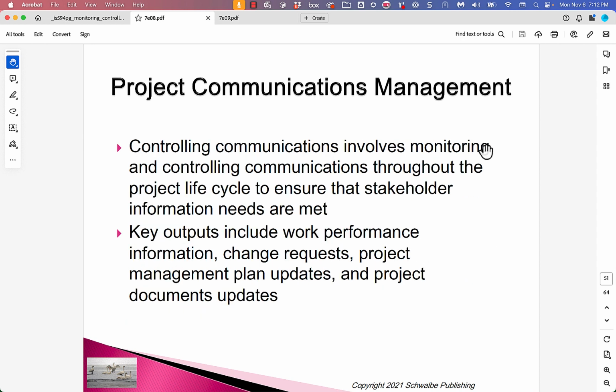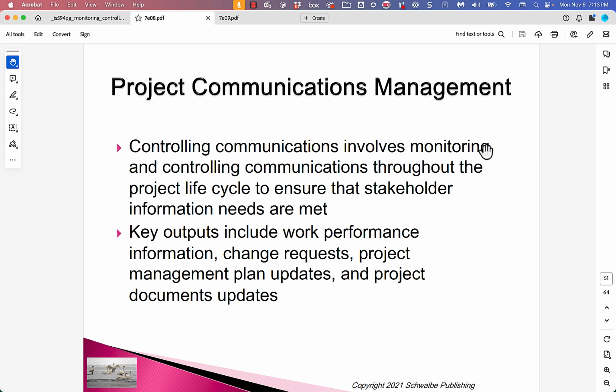Project communications management. So controlling communications involves monitoring and controlling communications throughout the project lifecycle to ensure that stakeholder information needs are met. Key outputs include work performance information, change requests, project management plan updates, and project document updates.